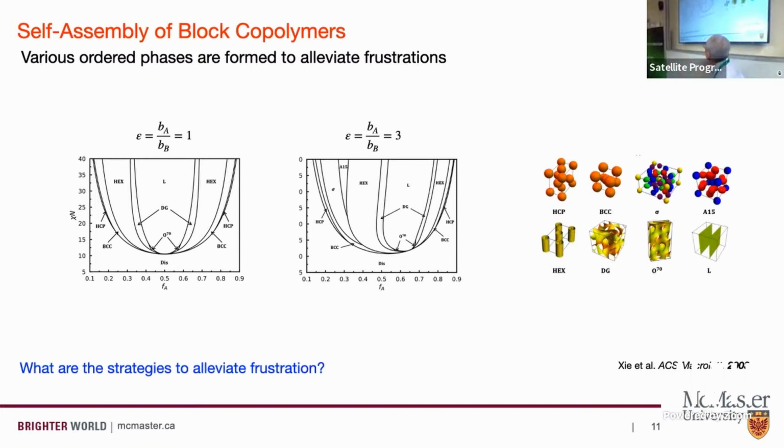When we put this conformational asymmetry into the calculation, indeed we can see that these Frank-Kasper phases, the sigma phase and the A15 phase, actually show up in the phase diagram.